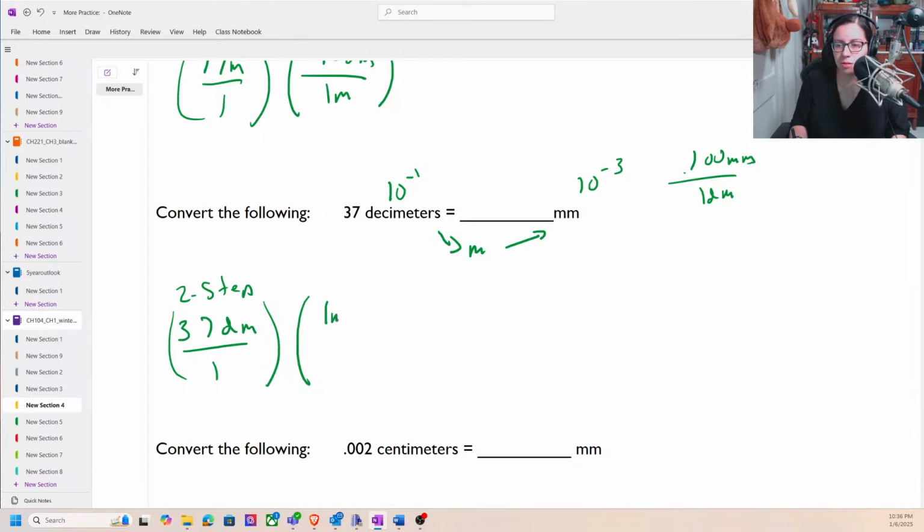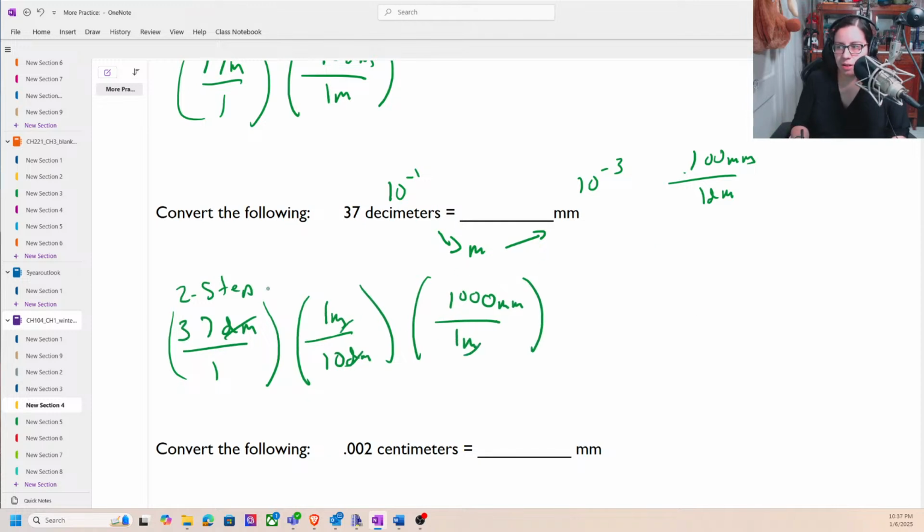So 1 meter on top. We said 10 decimeters on bottom. So there's 10 decimeters in a meter. Now we're at meters. And so we're going to take it, 1 meter is 1,000 millimeters. Meters cancels.